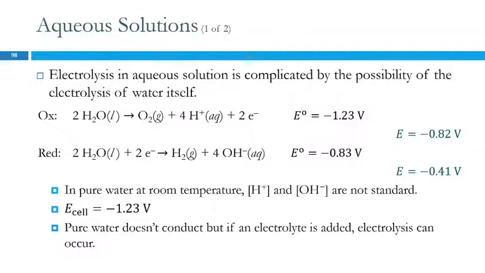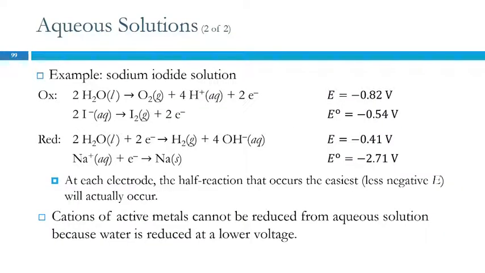Now, pure water doesn't conduct electricity, so that's kind of a problem. But if you add an electrolyte to the solution, then we can have electrolysis occurring. So, an example would be sodium iodide in solution.